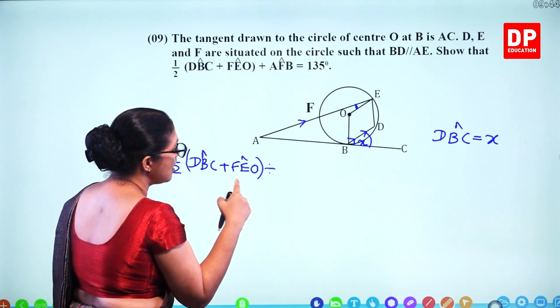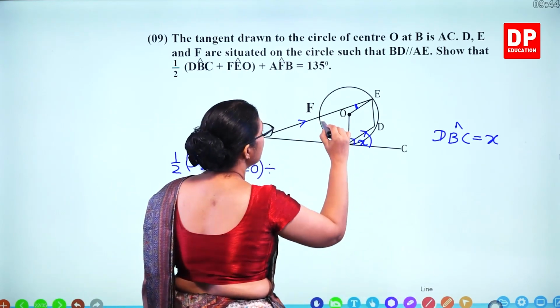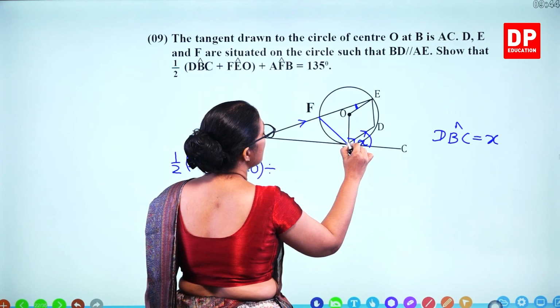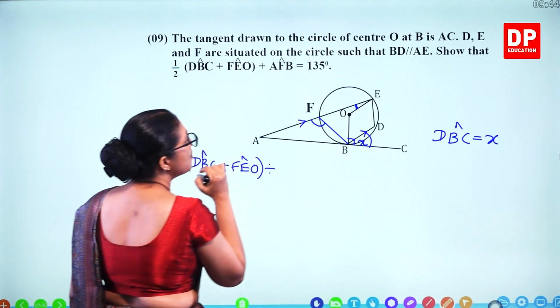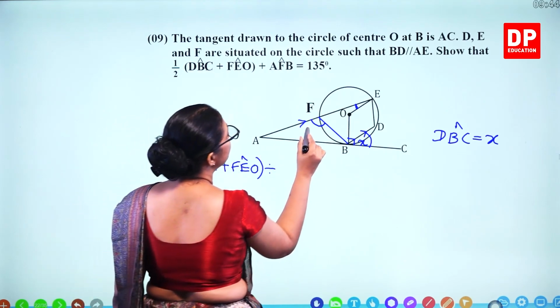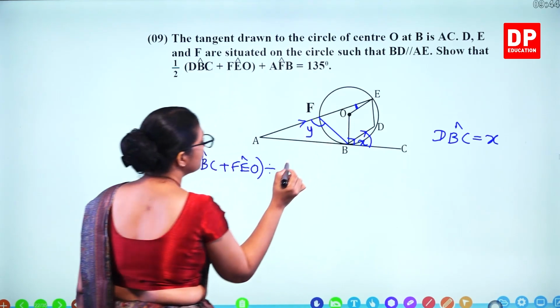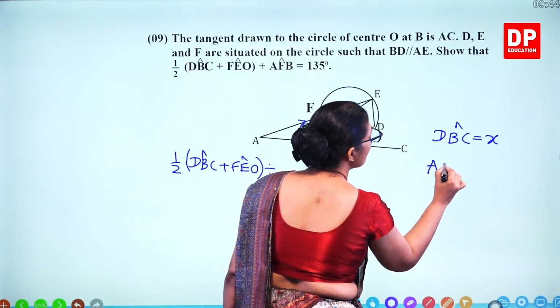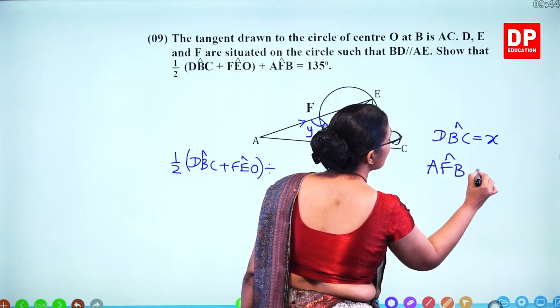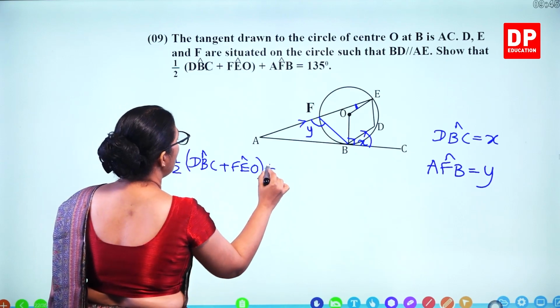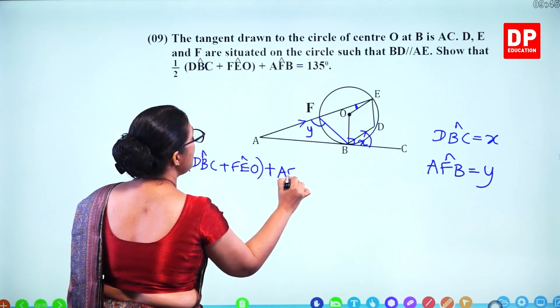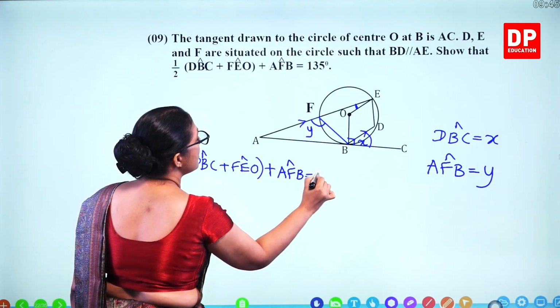So that means we have to connect this line FB. So AFB angle, I'll put this one as Y. Plus AFB is 135.